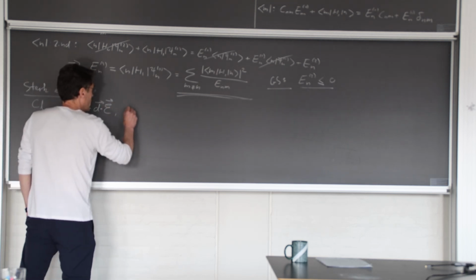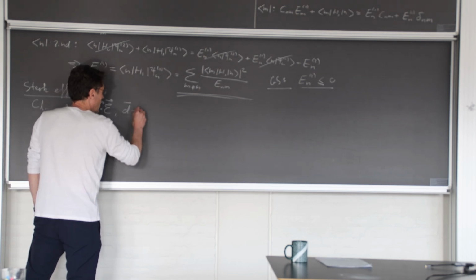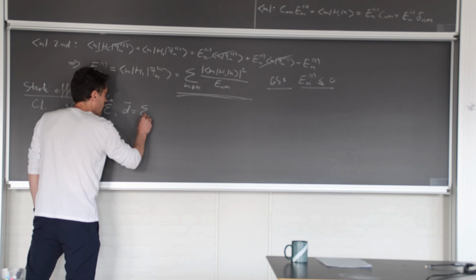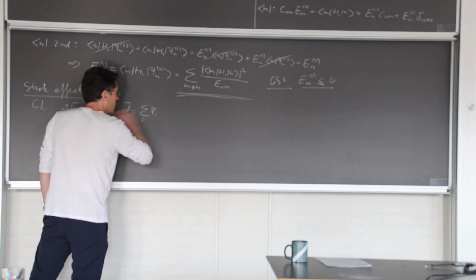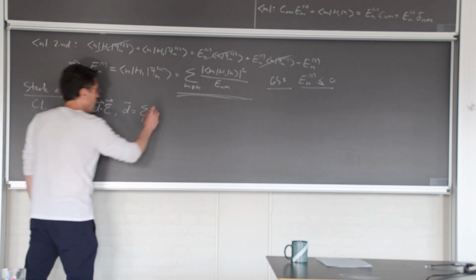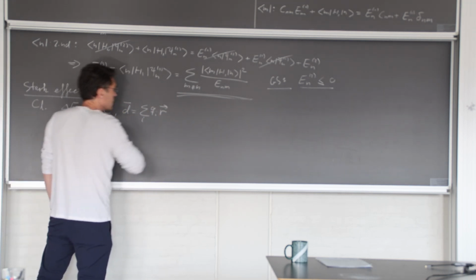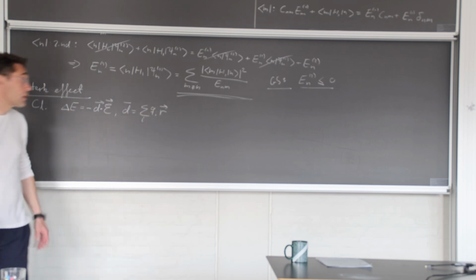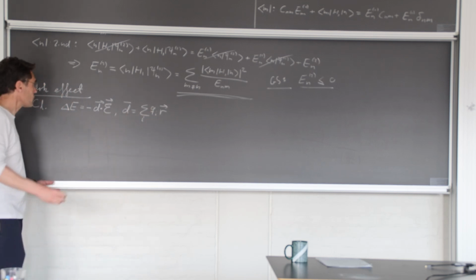And the dipole moment of a charged system is in general just the sum of all the constituents, let's say i, and then the charge of the ith constituent, and then the position. So this is the general dipole moment of, let's say, a molecule with several charges.